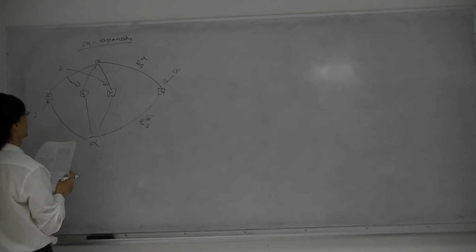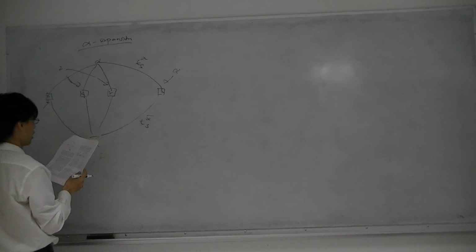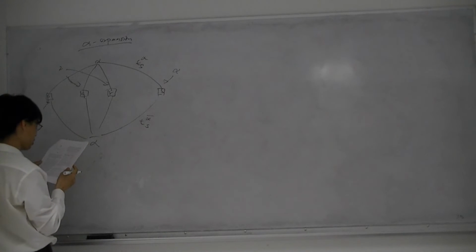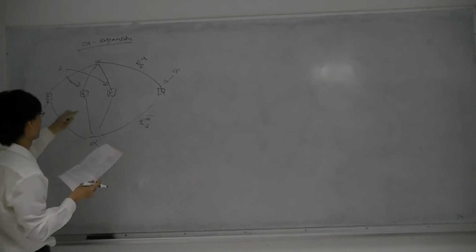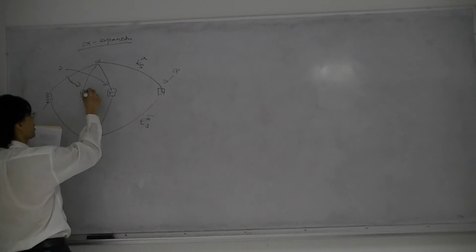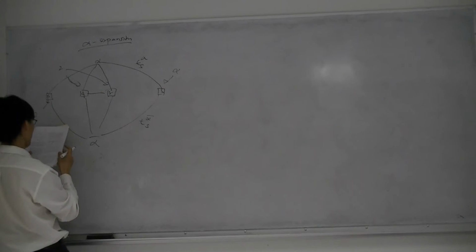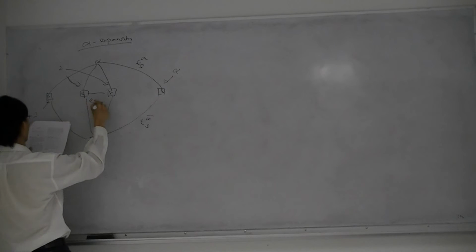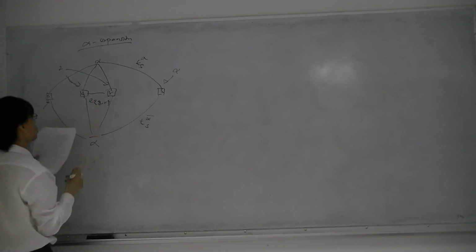Again, if we have two pixels with the same label next to each other, then we'll add an edge there, and the edge will be E, Q, P, just a little S.